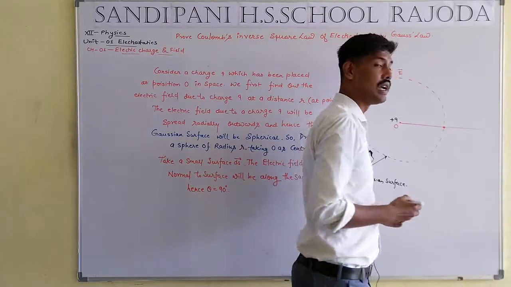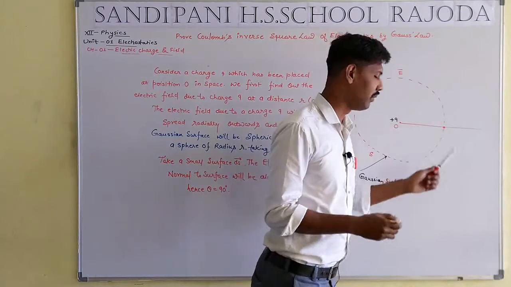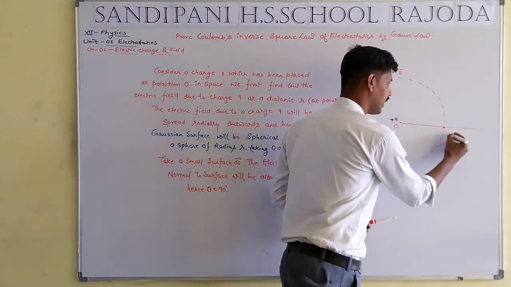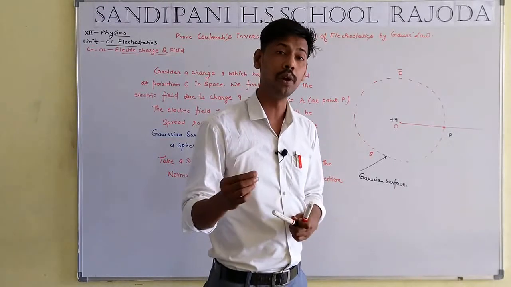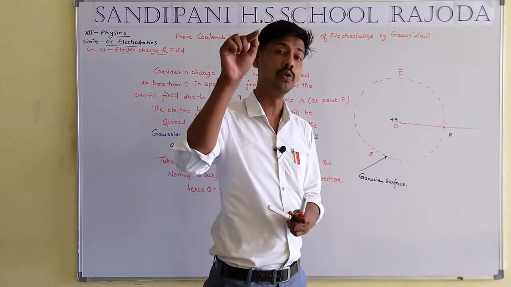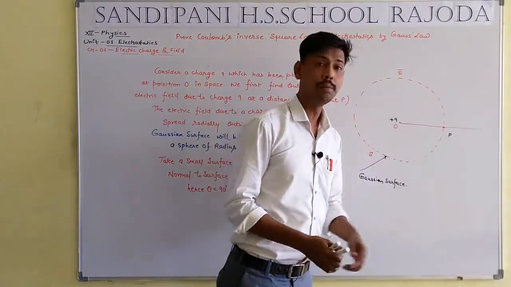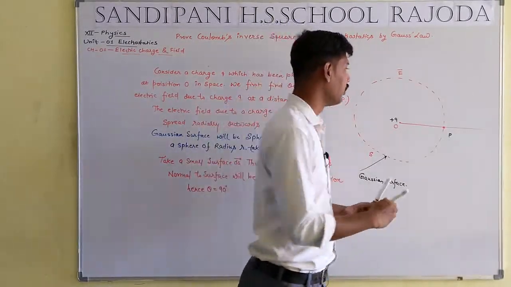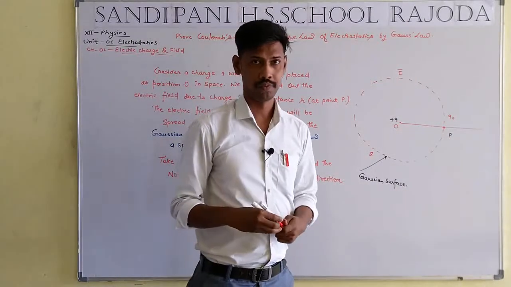Let me consider capital P is any observation point where we have to prove Coulomb's law by use of the Gauss theorem. Again, P is any point which consists of a test charge Q0.